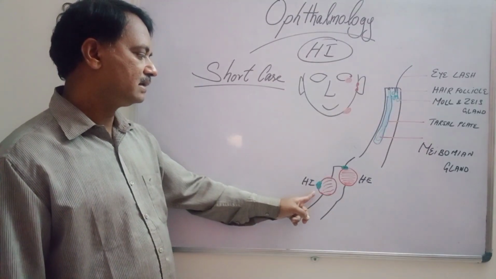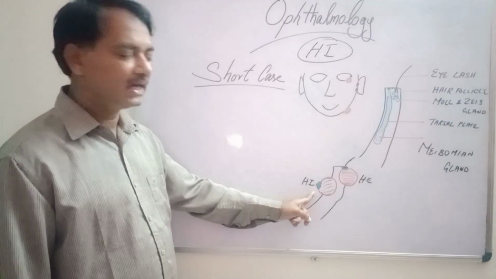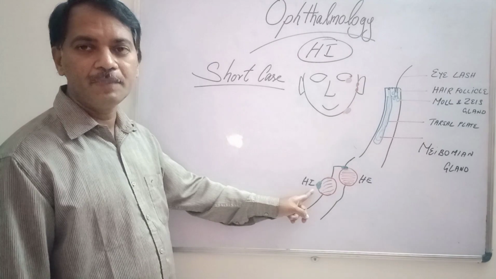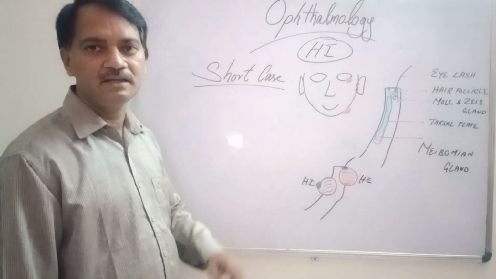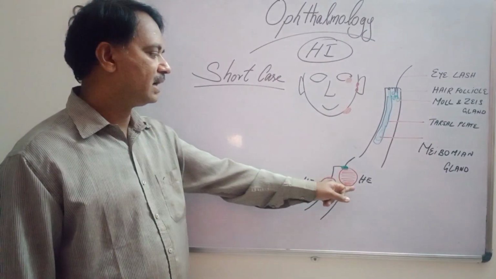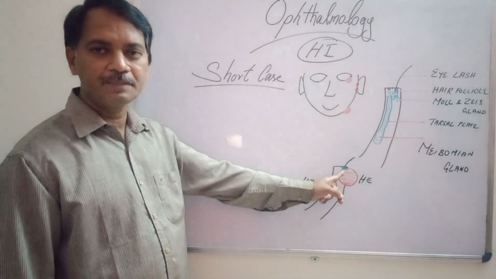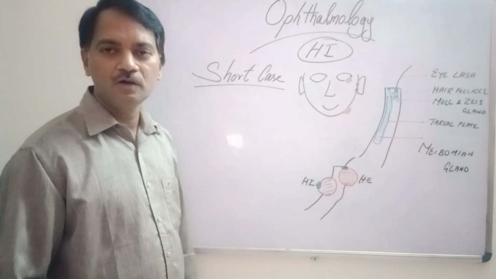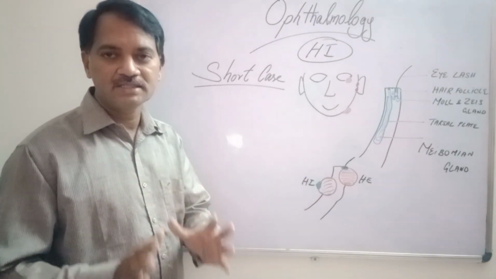Apart from that, in hordeolum internum, there will be a pus pointing on the palpebral conjunctival side, that is in the tarsal conjunctiva, unlike hordeolum externum, where the pus pointing will be at the root of the eyelashes. So, this you should understand.